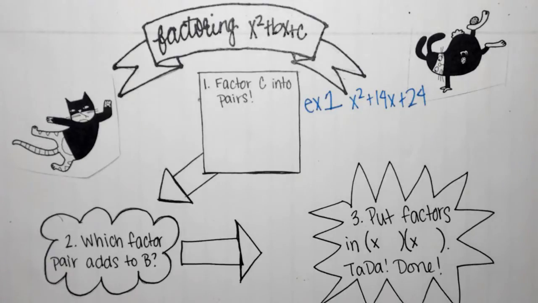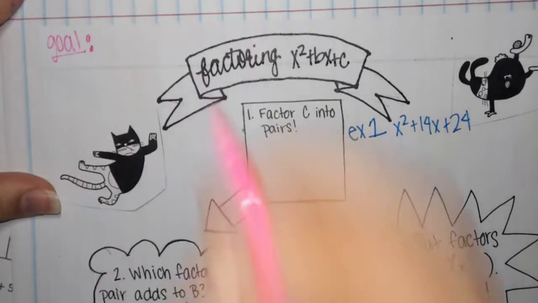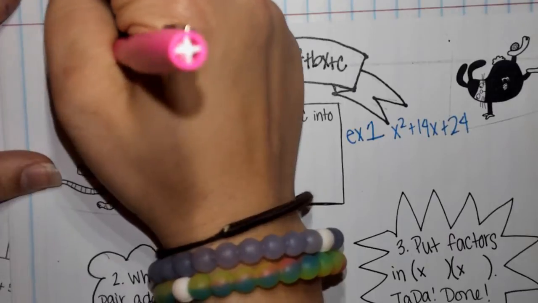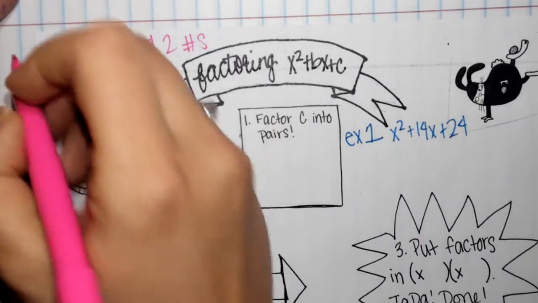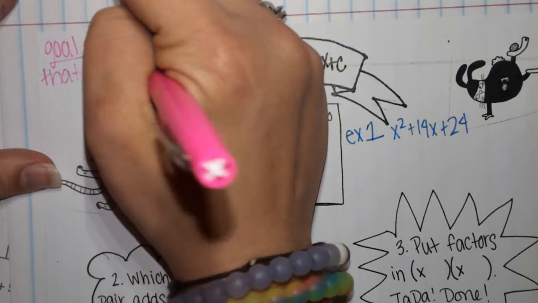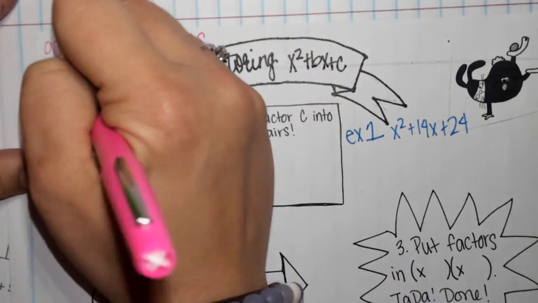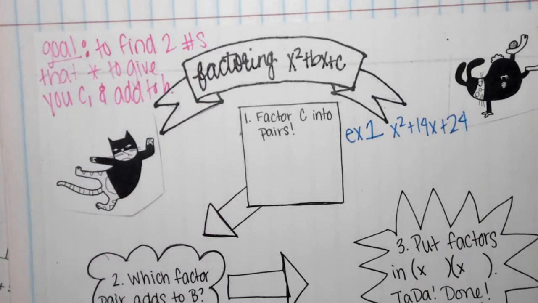Now, no matter what we're doing during this entire lesson, our main goal is to find 2 numbers that multiply to give you C and add to B. Now remember, factoring is going backwards.